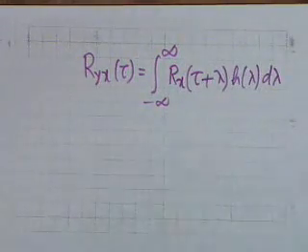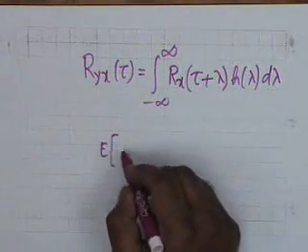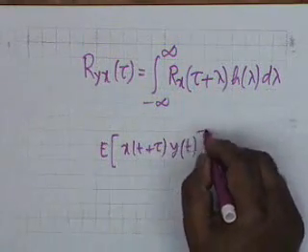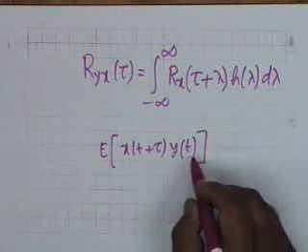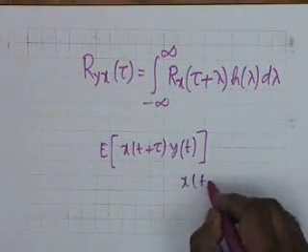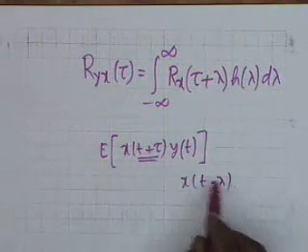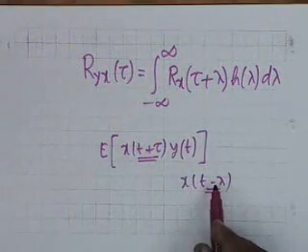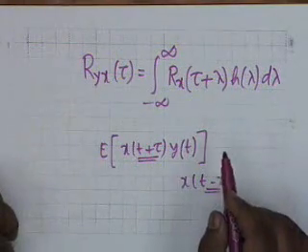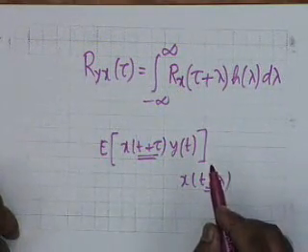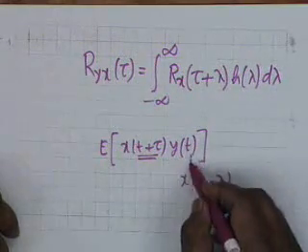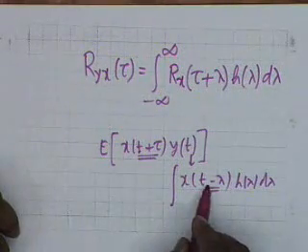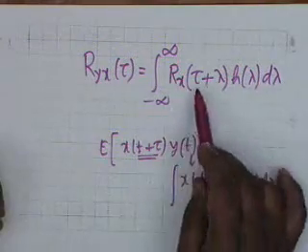That is all the change there shall be, because what we have to do is to take the expected value of x(t plus tau) and then y(t). So in the integral, this would be x(t minus lambda), and if you take the difference between the two arguments to find Rx, it would be tau plus lambda. Is that clear? Now is this point clear, or do I have to do the algebra? I think this should be clear. Y(t) shall involve the integral of this, then h(lambda) d lambda. You combine this and this, take the expectation, then you get Rx of tau plus lambda.